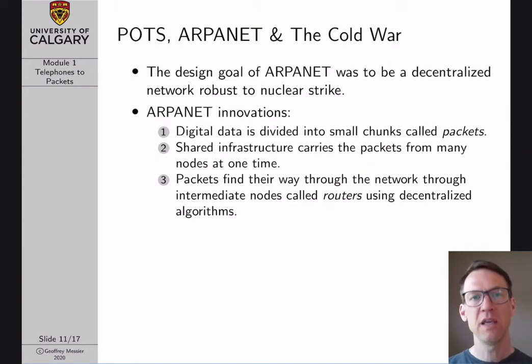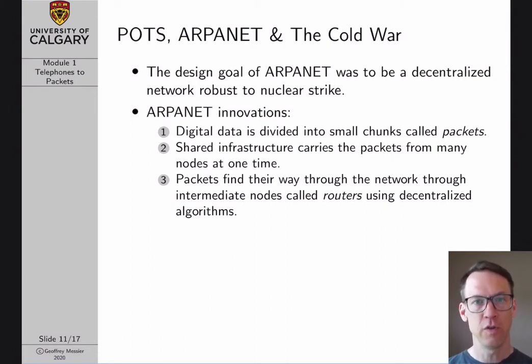A key innovation was that routers did not have a centralized global knowledge of the network. In fact, you could plug a router into a huge ARPANET network, and that router could figure out how to send its packets just by exchanging information with its immediate neighbors.